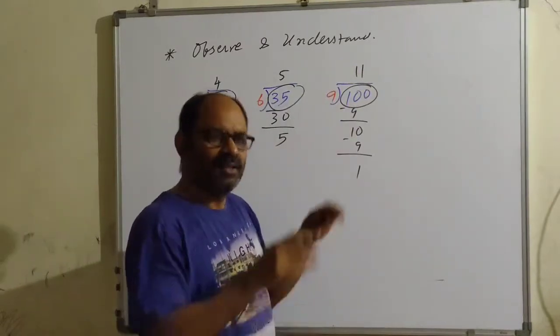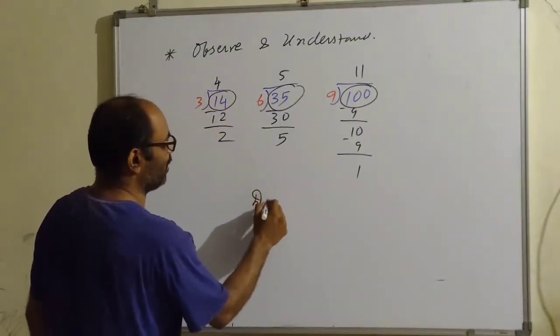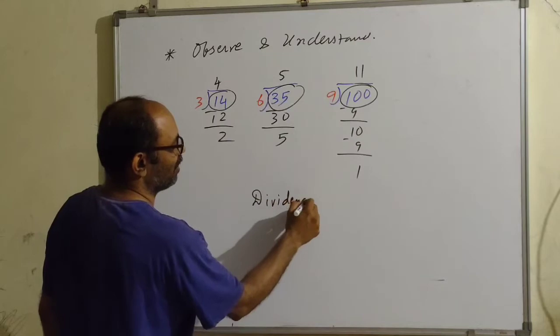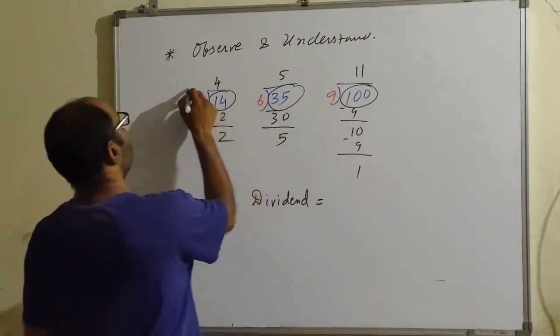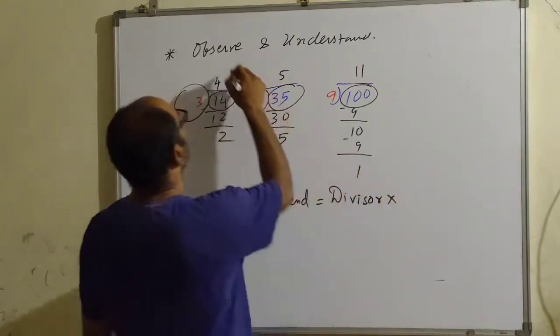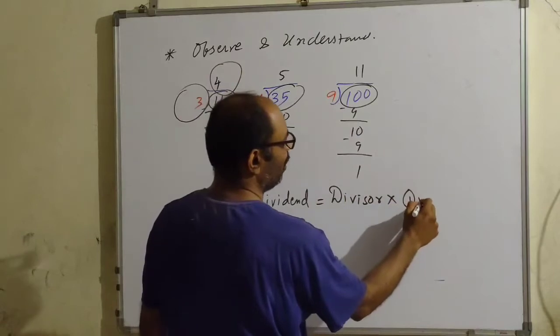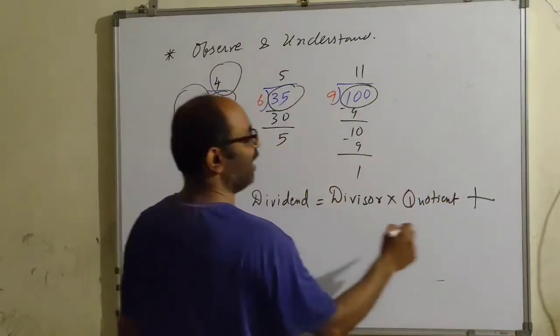Did it match or not? This we have seen earlier also, I have shown in one of the videos. So what is the conclusion? Dividend is equal to divisor into quotient plus remainder.